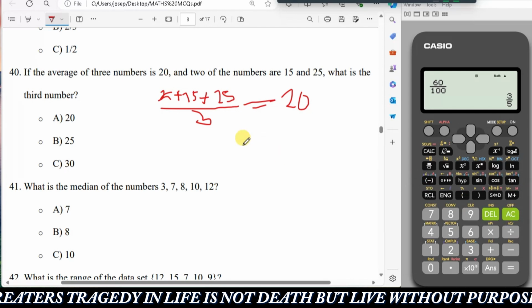Alright. So the first thing you have to do is just cross multiply this. So you have 3 times 20. That gives me 60. And you take all this across the equal sign. So you now have 60 minus 15 minus 25. And then your answer is 20. So it means the other number here is 20, right? The answer is 20.